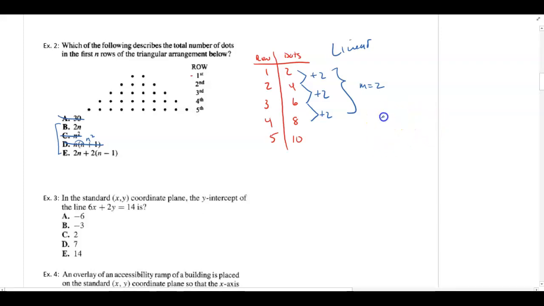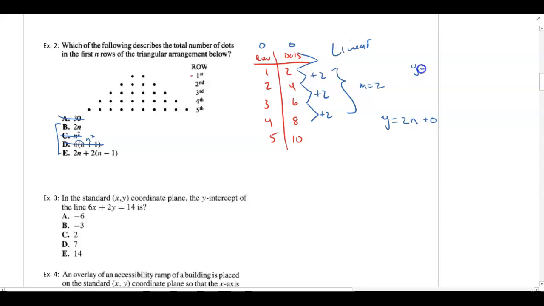Now, I know right away my slope-intercept form would be 2n. But that's not going to help me here. I know it might be B, but now I need to know what would the y-intercept be. Some people would probably say if I work backwards to an x value of 0, I would subtract 2, and that would give me 0 here. So my y-intercept would be 0.